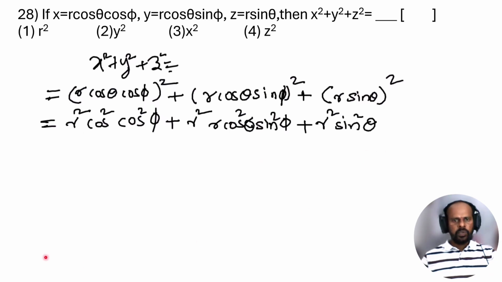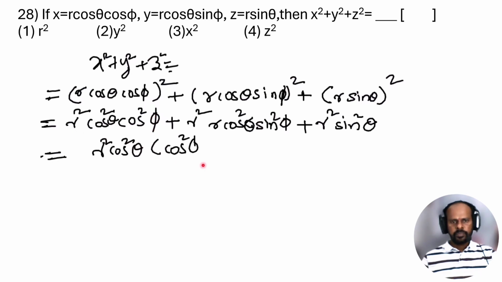Now in the first two terms, if you observe, there is a common factor, that is r square cos square theta. Here cos square phi is left, and in the second term sin square phi is left. And the last term is plus r square sin square theta as it is. So this is the identity.